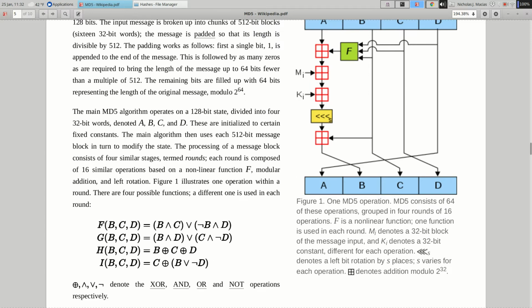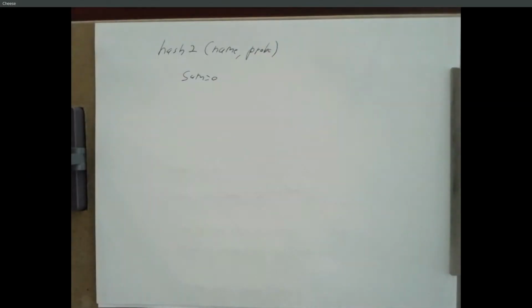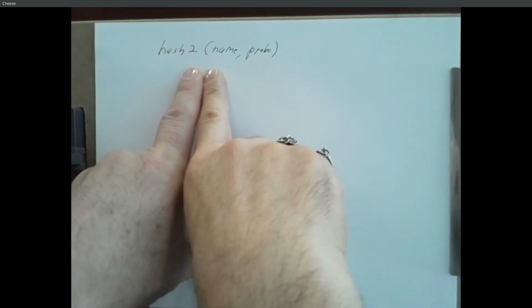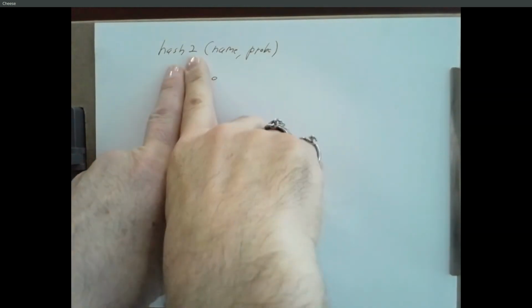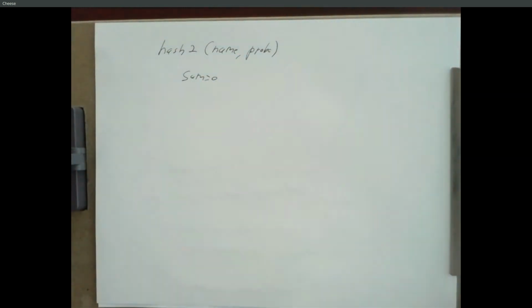And there's a synopsis of how it works. It's basically take your input, break it into chunks, break those chunks into 4 pieces, A, B, C, D, do these logic operations, XORs, ANDs, ORs, NOTs, and put those together. But in the end, it's just a hash function. It takes in the name, gives you back a number.